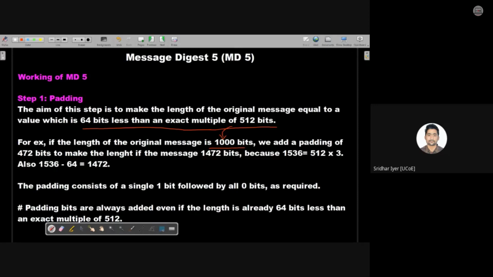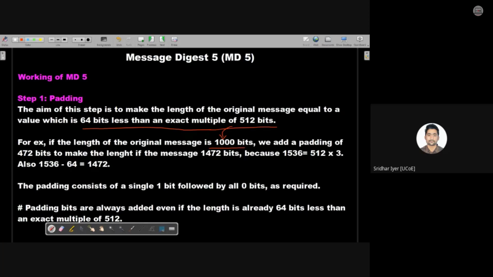Now, the first reaction is you will say yes, but again, think of it from the statement's point of view. Look at what the statement is saying. What is the statement? Read it once again. The aim of this step is to make the length of the original message equal to a value which is 64 bits less than an exact multiple of 512.